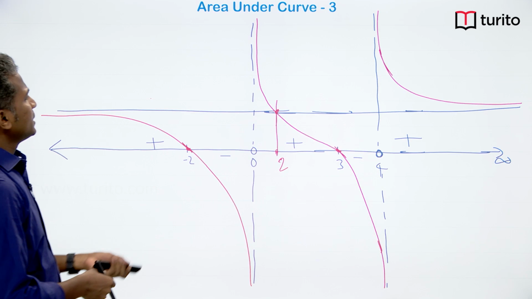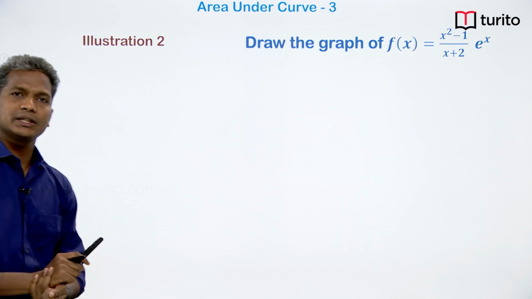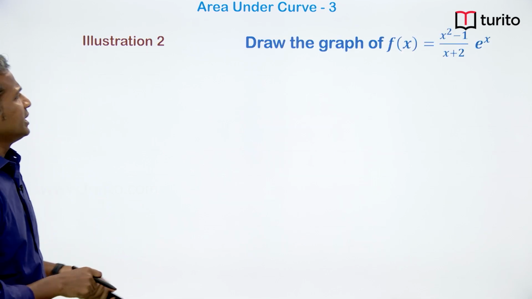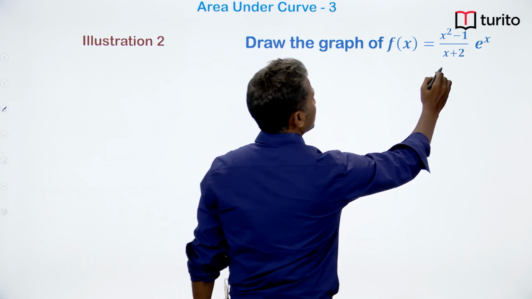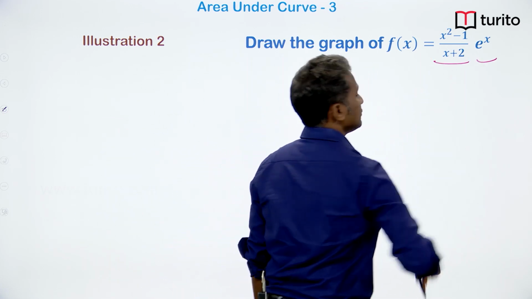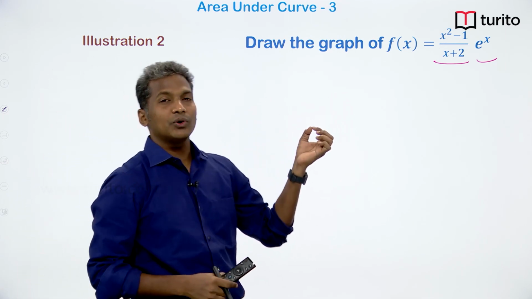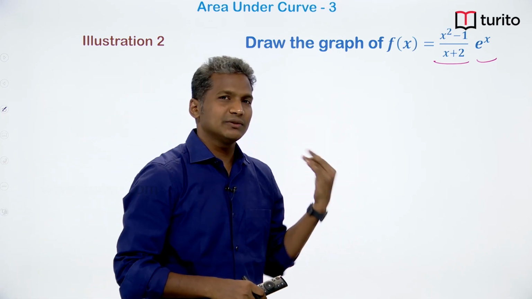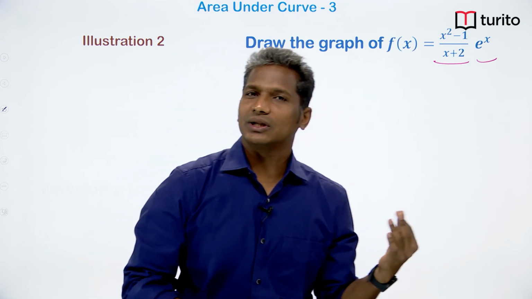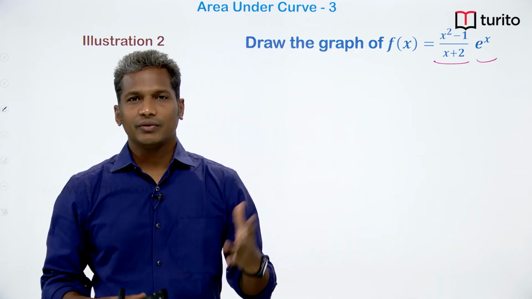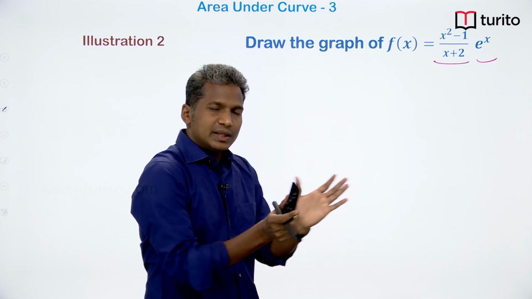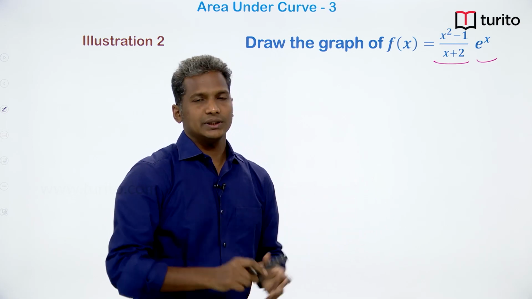Okay. Now, can we move on to the next function? Here there is a rational function and there is one exponential function and we want to take the product of these two functions. So, this is the function given. We can still draw the graph of this function. How do we do that? We break this analysis into two different functions.